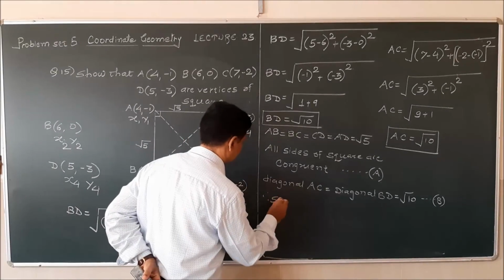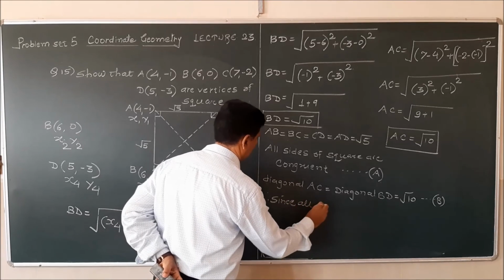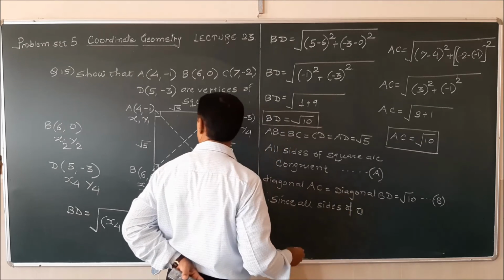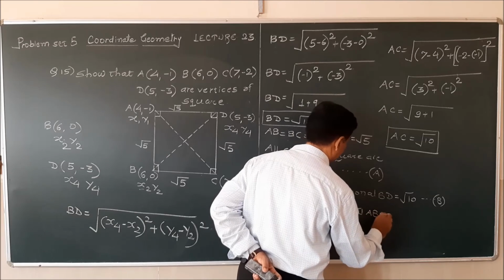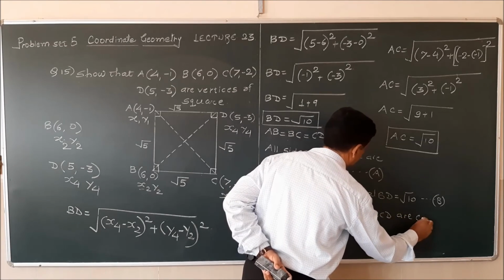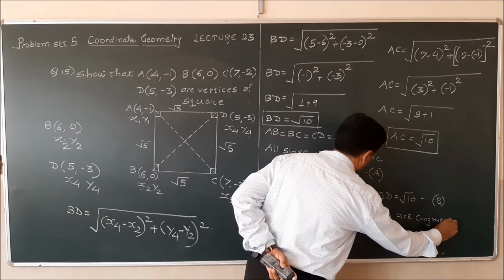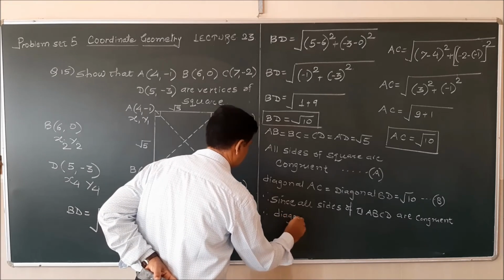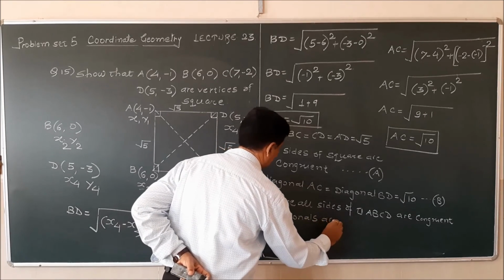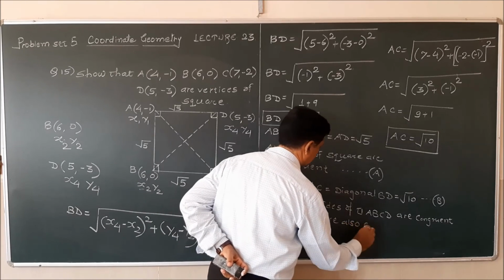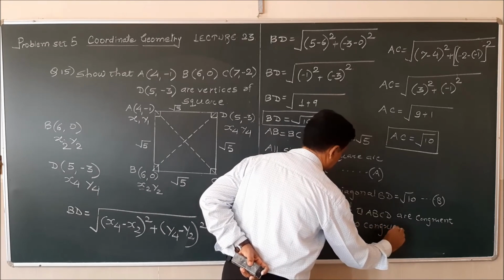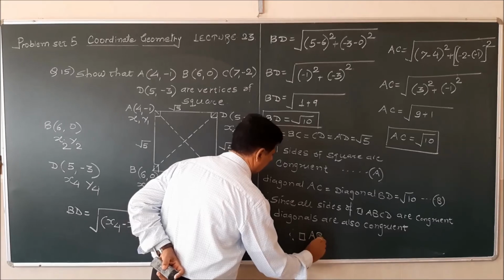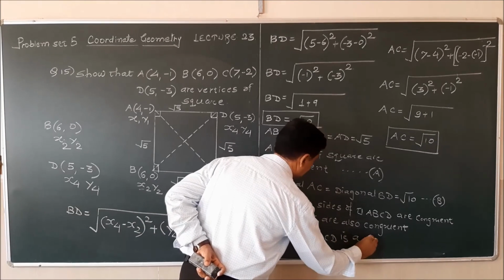So since all sides of quadrilateral ABCD are congruent and diagonals are also congruent, therefore quadrilateral ABCD is a square.